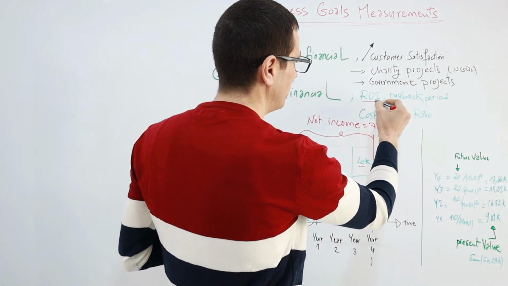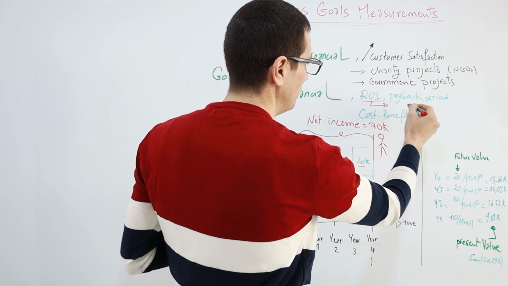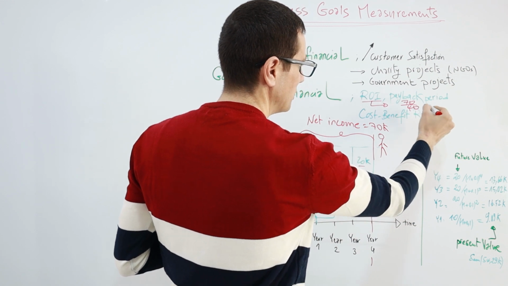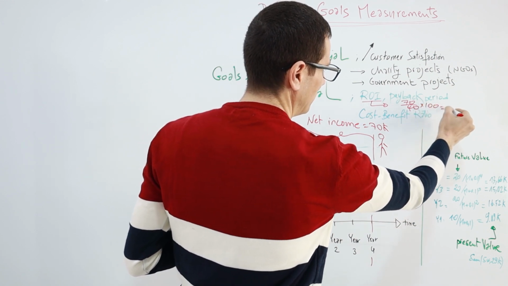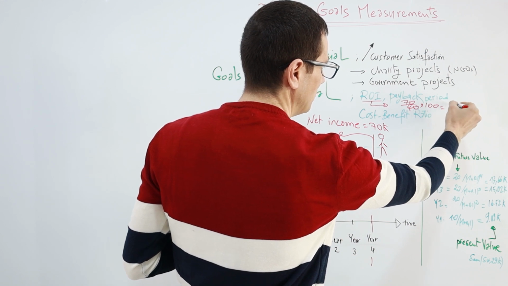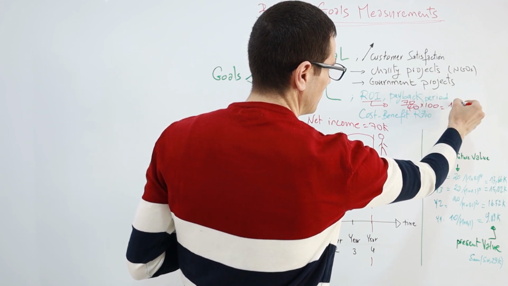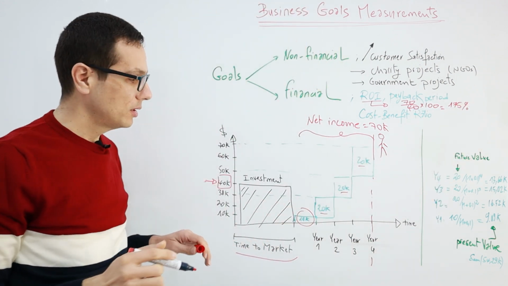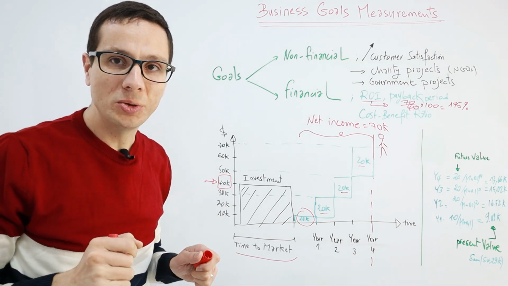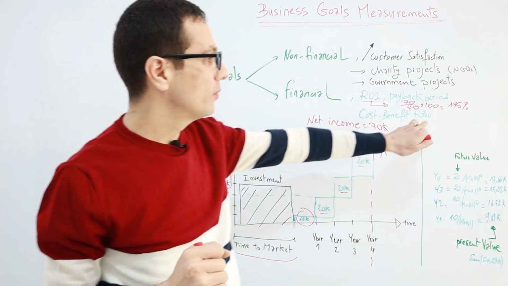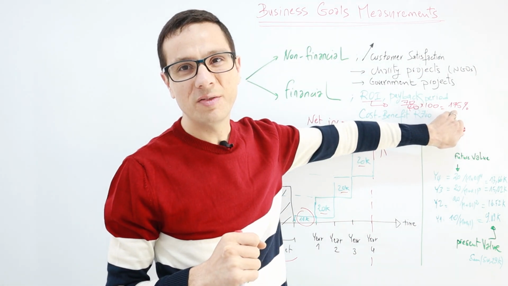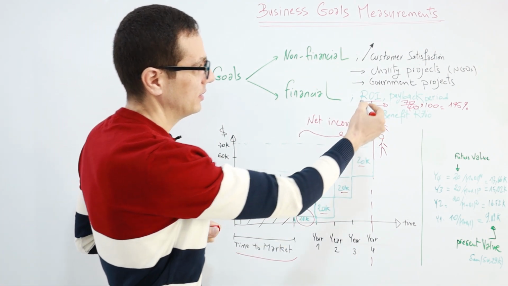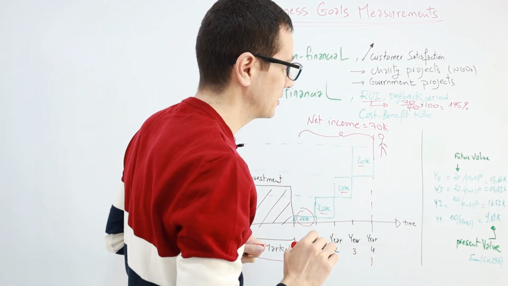So the return on investment in this case will be 70 divided by 40 multiplied by 100. In this case, it will be 175%. It means that every $1 you invest, you get $1.75 out of it. And this is the return on investment.